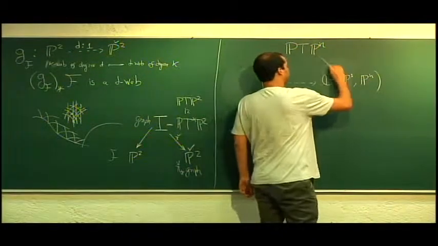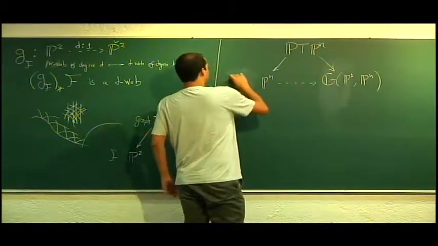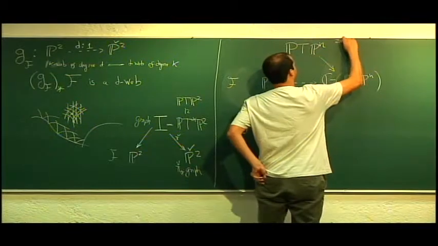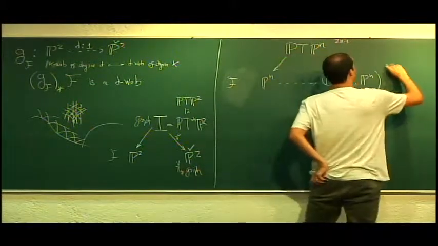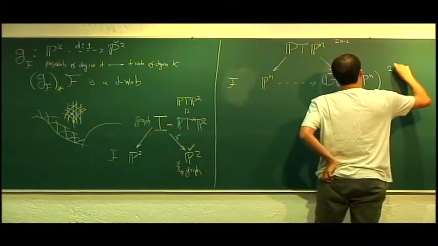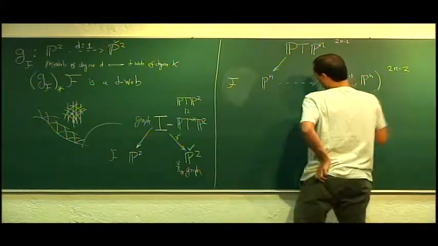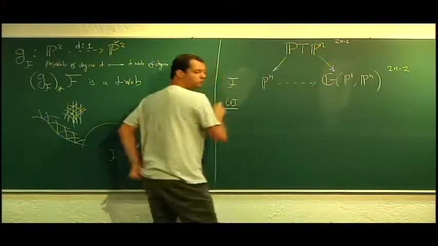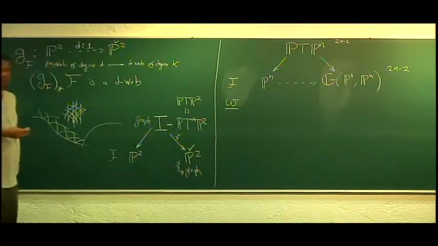And if I start with a codimension 1 foliation, let's just put dimensions here. This thing has dimension 2n minus 1, and this thing has dimension 2n minus 2.